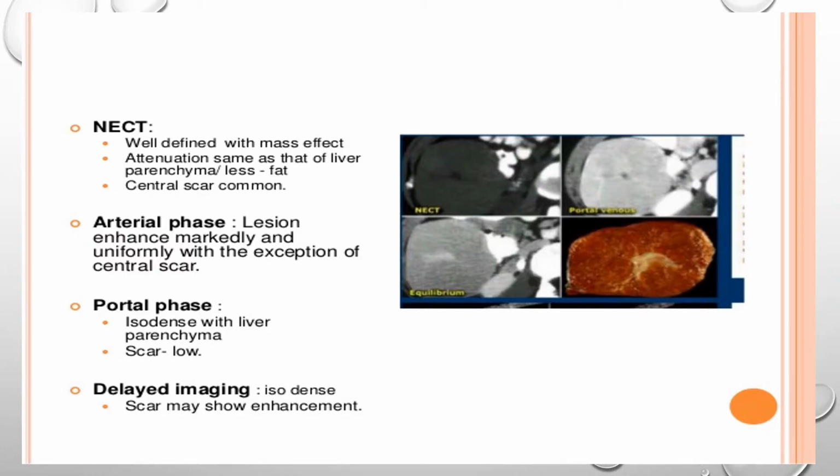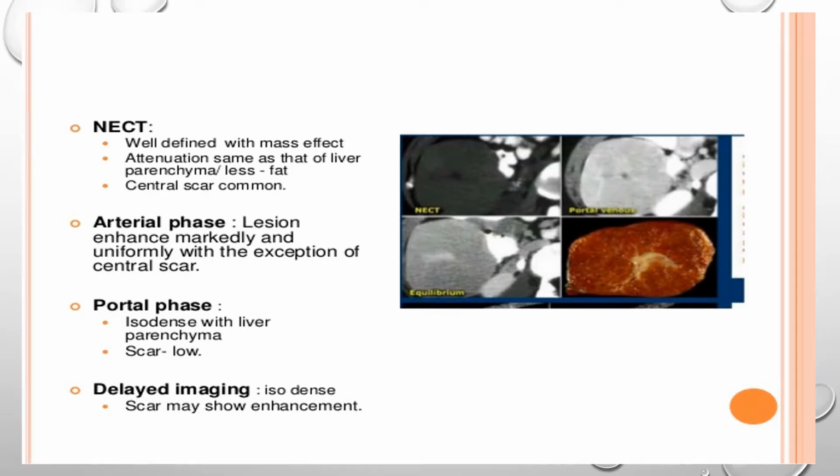Then we come to the portal venous phase in the left bottom, where you have a lesion isodense with the liver, and the scar is low.